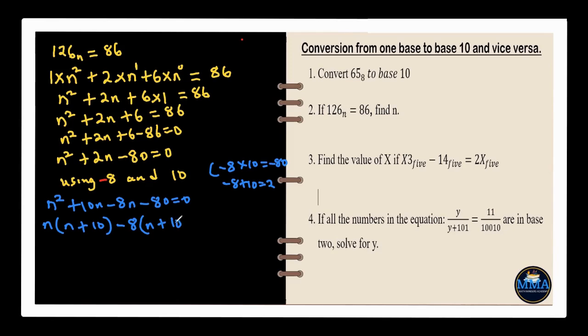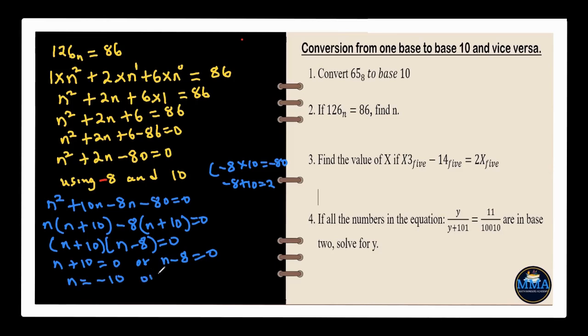And minus 8 times 10 is minus 80. So we bring what is common in the 2 brackets, which is n plus 10, then n minus 8 equals 0. So when we have n plus 10 equals 0, or n minus 8 equals 0, this means that n equals minus 10 or n equals 8.